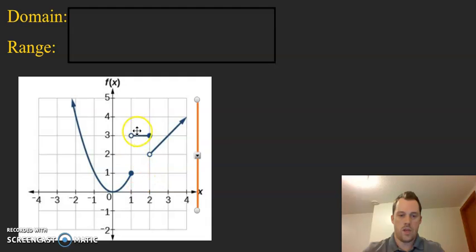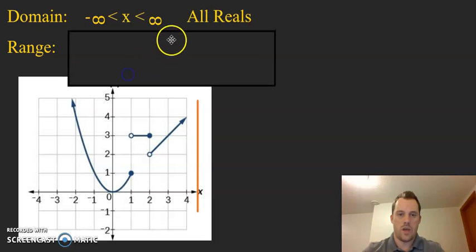So we could have 3 separate components here, but as we continue on, it jumps right from 1 to greater than 1, and then from 2 to greater than 2 without really missing a beat here. So it ends up being all real numbers for that example.